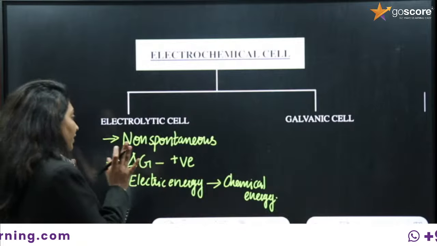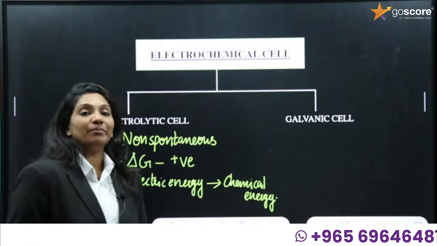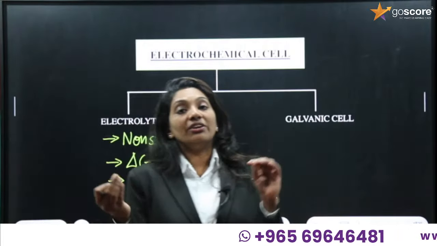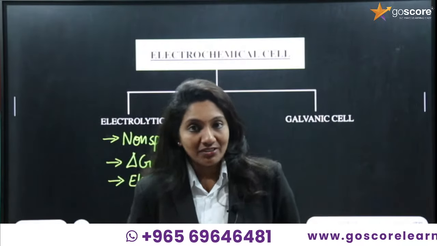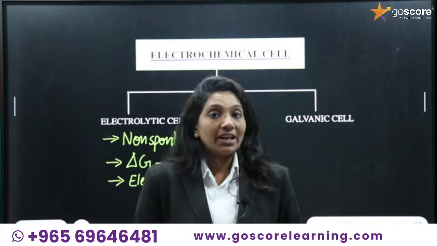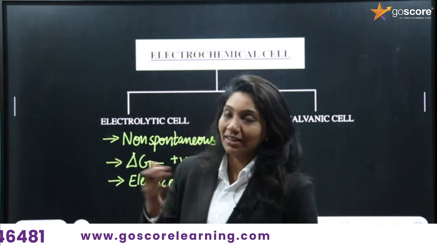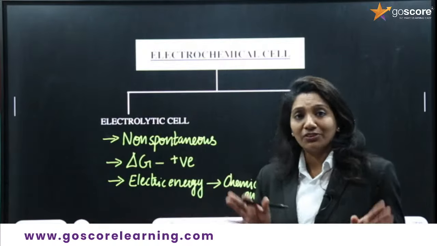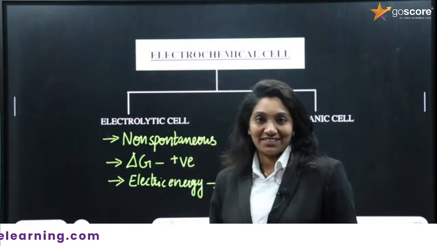In an electrolytic cell, these processes are non-spontaneous. That means we have to give a starting push. Once we put it in the electrical circuit, only then will it start charging. It's not a spontaneous process. By comparing with the mobile phone itself, you can clearly identify what is happening in the electrolytic cell.